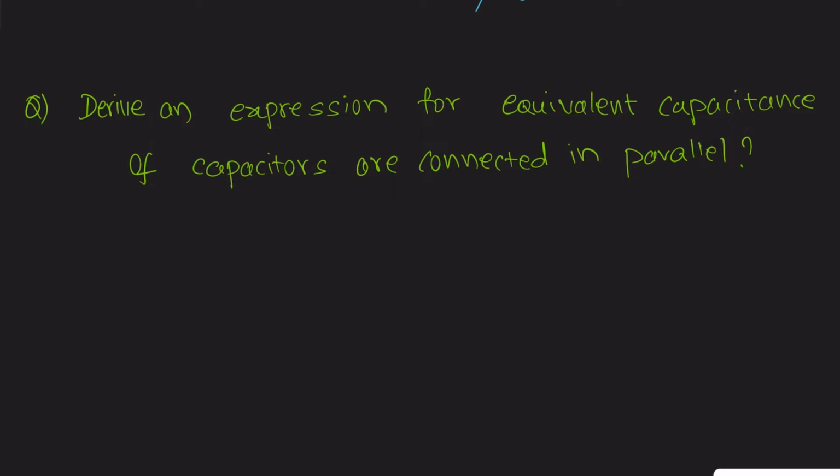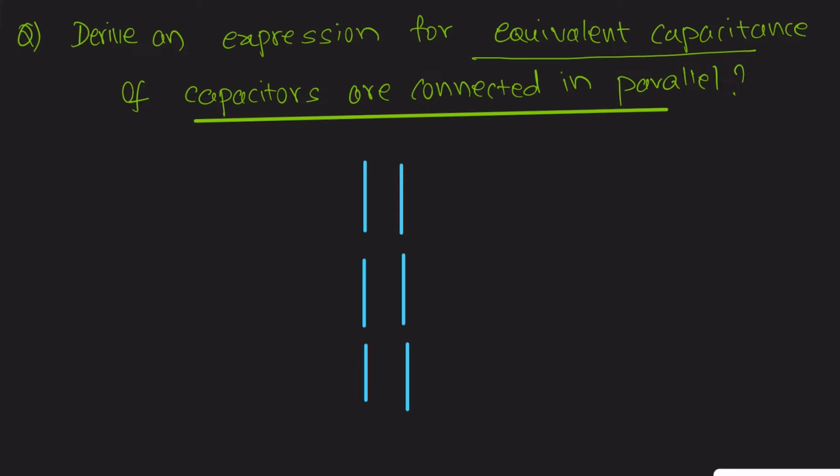Now the question is, derive an expression for the equivalent capacity of capacitors connected in parallel. See here, I take three capacitors C1, C2, C3.